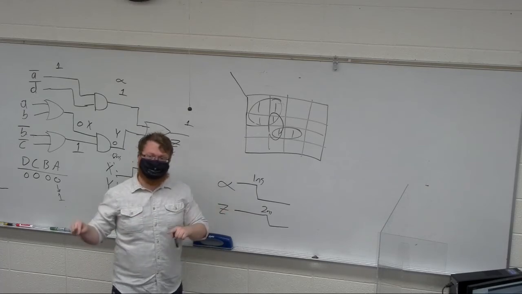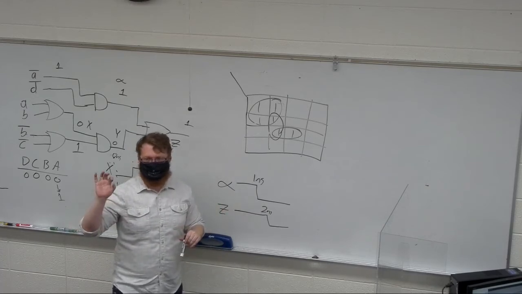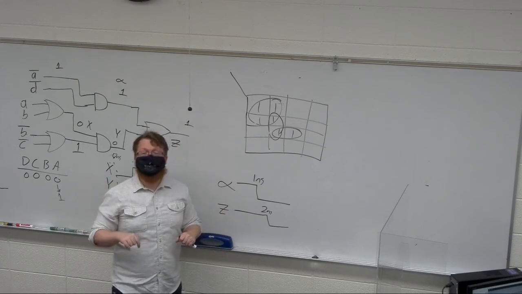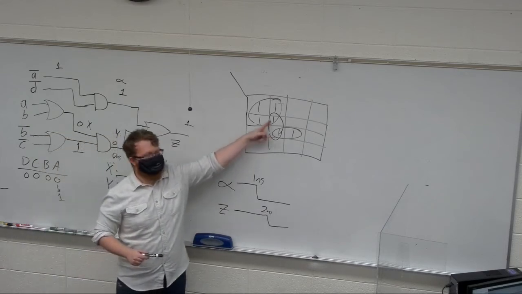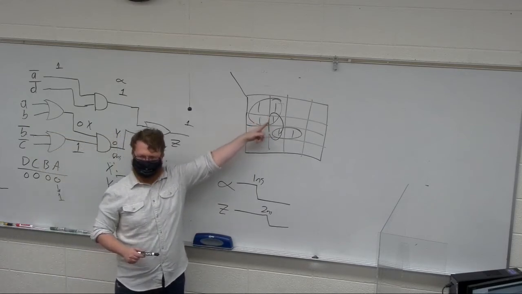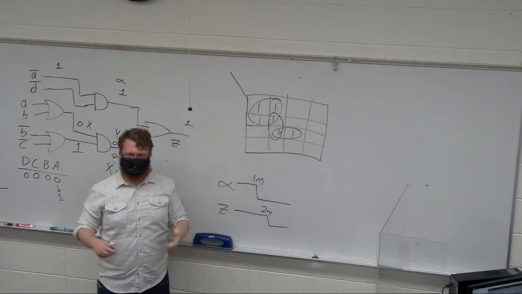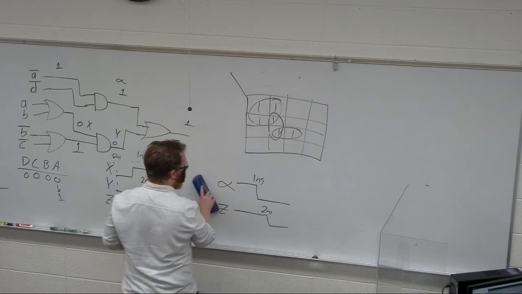Or if all of your terms have both inverted and not inverted signals, I'm not sure if that's true. We could go back and prove it, but adjacent circles without sharing an implicant mean there's a serious probability of a hazard existing.